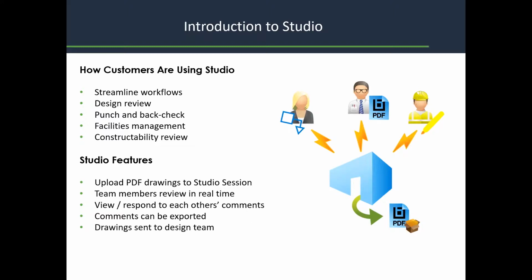A constructability review is one example of how Bluebeam Studio can be used. In that example, PDF drawings at each milestone are uploaded to a Studio session so that assigned team members can review them in real time. During the review, team members can view everyone's comments as they are placed, allowing them to respond to each other and provide more thorough feedback for the design team.